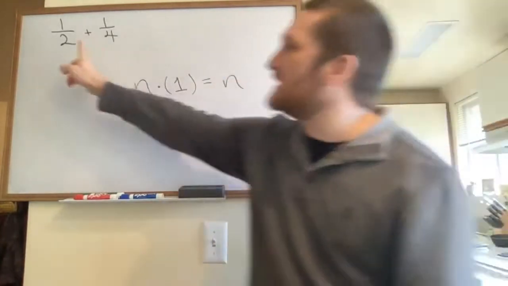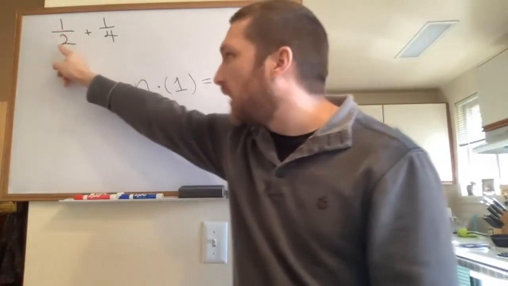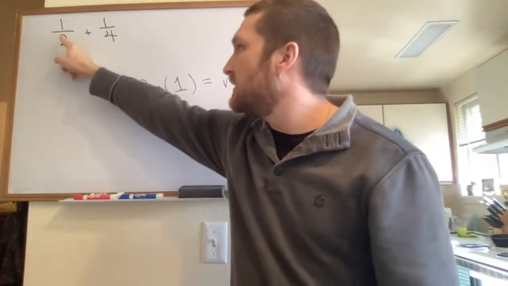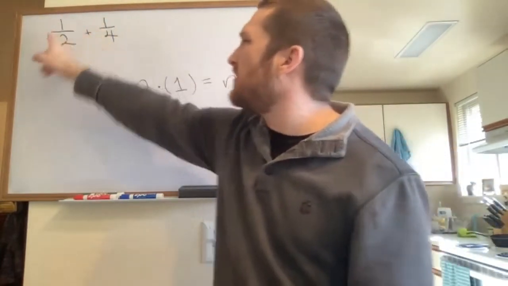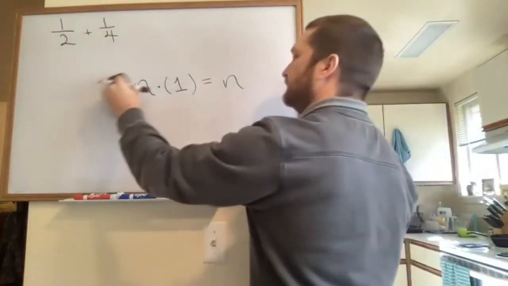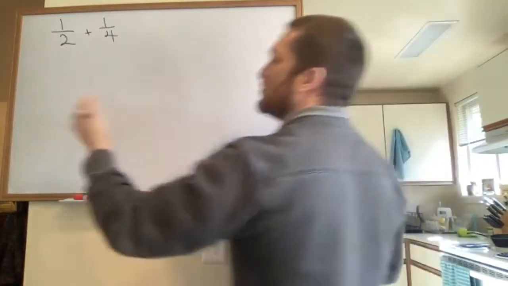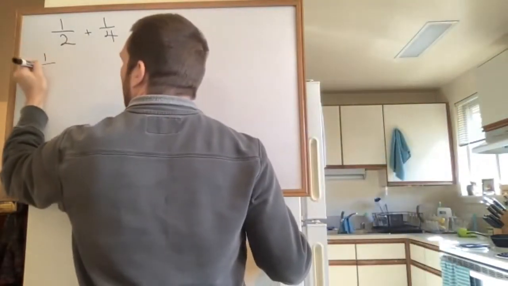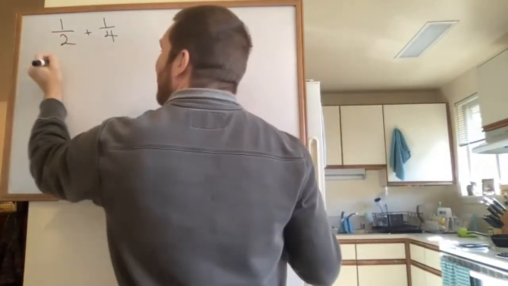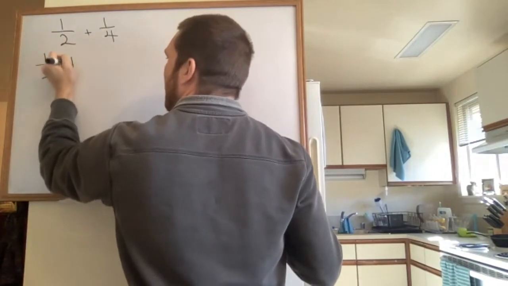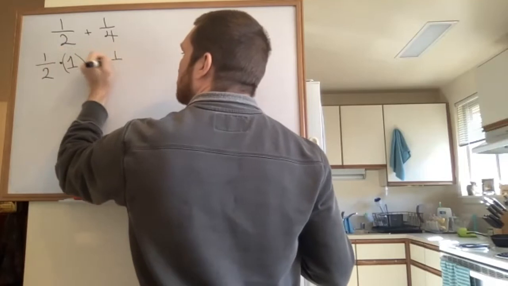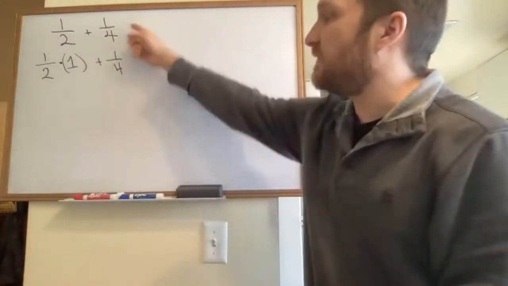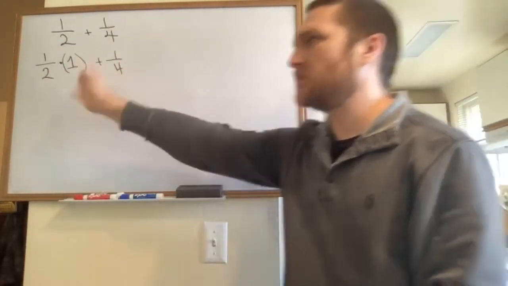So I can't change the value, and so let's just start there. I'm going to take this number and multiply it by this. That way, I have not changed the value of this. Have I? Check me on that.